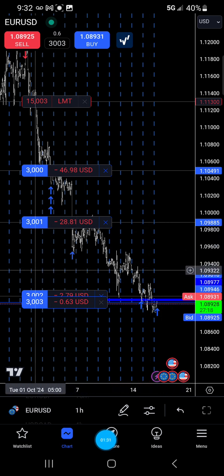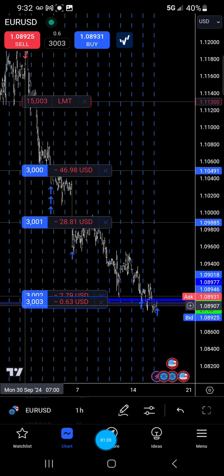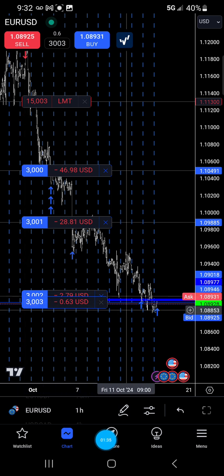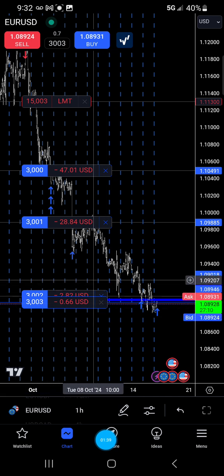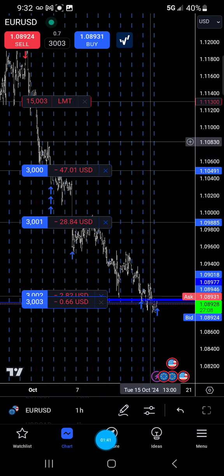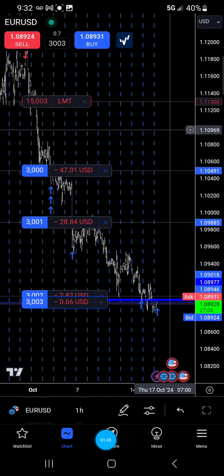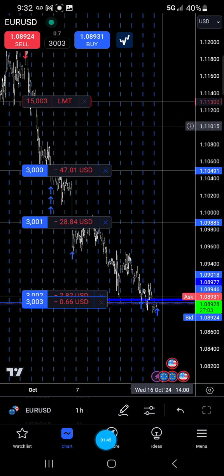So I'm also considering the fact that by adding this down here, we get a higher advantage by having a majority of the position down here versus somewhere on the way to our target that we have set at 111.3.